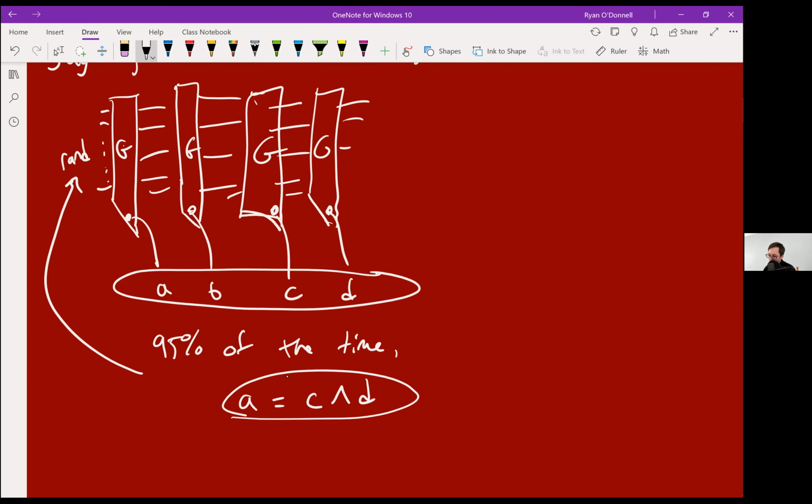But with this bizarre construction, G prime, it's happening 95% of the time. You would say to yourself, this has to be some sort of weird security flaw in G. If G was a totally random function like it's supposed to be, this equation would hold 50% of the time, but it's happening 95% of the time.